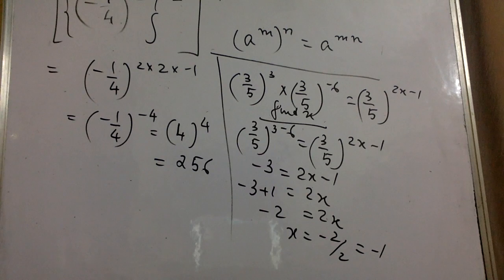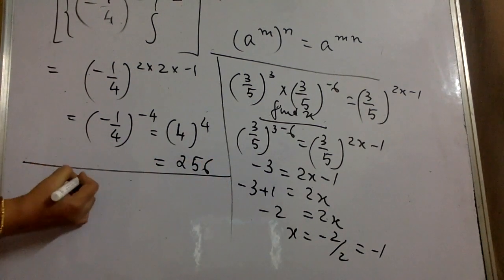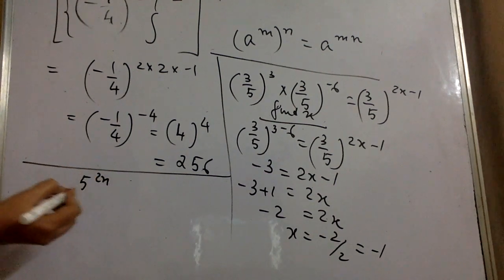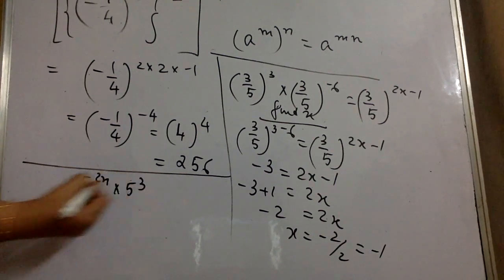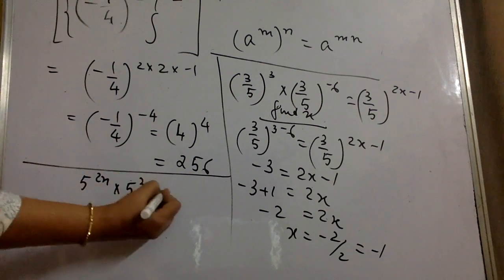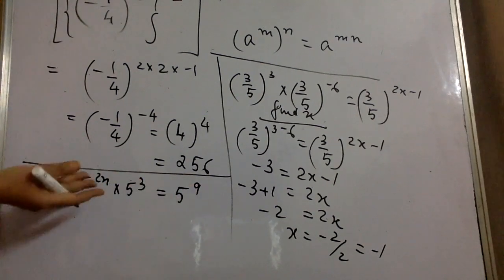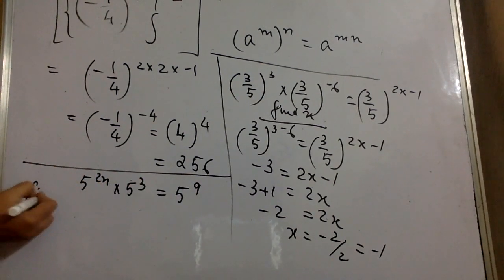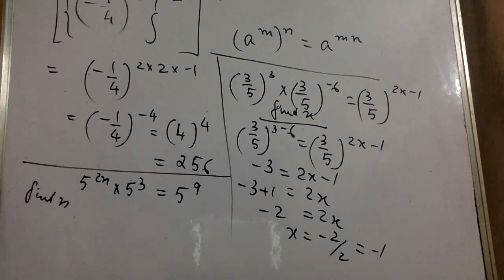Of this type only. Let us take up another sum so that it becomes very simple for you all. Let me take up a quick sum, exactly this type. 5 to the power 2n into 5 to the power 3 is 5 to the power 9. They are asking us to find n.